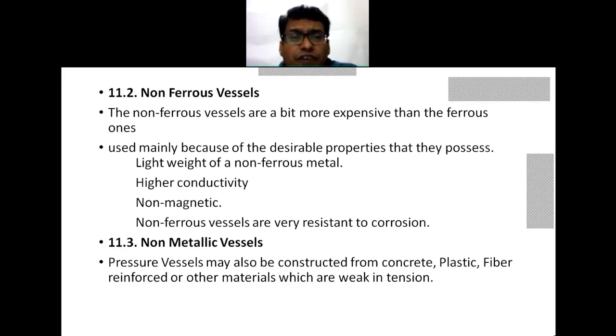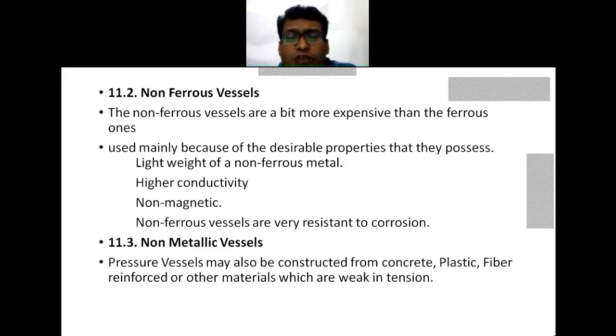Then the non-ferrous vessels, or sometimes they are also called only the pure metals or the alloys that can be used other than iron. Iron is absent in this case, that is non-ferrous vessels. That is used mainly because of the desired properties that they have.